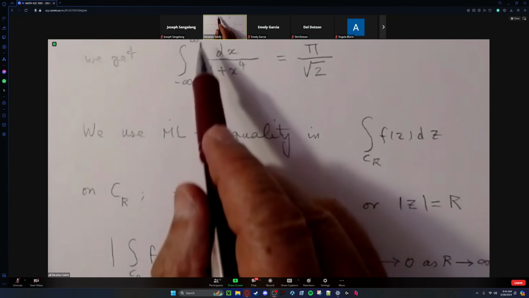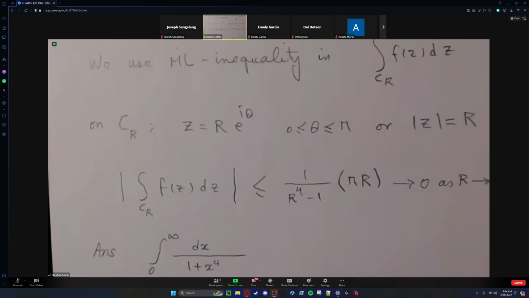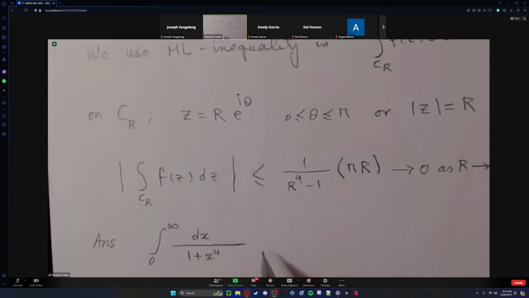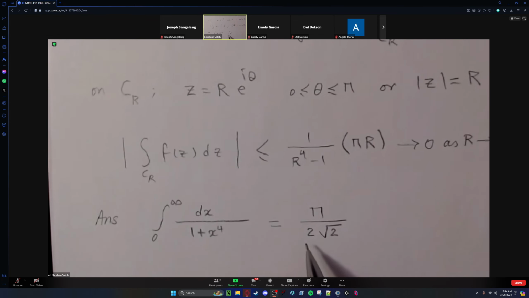Here from negative infinity to infinity is this one. So it's half of that, and that is pi over 2 square root of 2. Beautiful. We found the value.